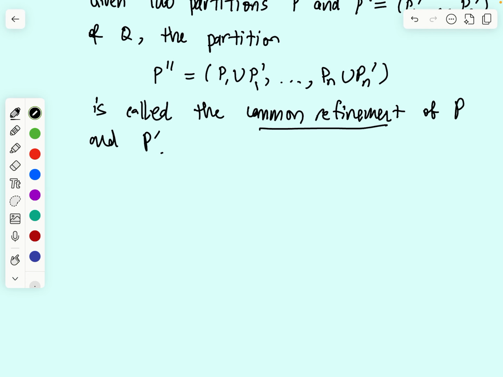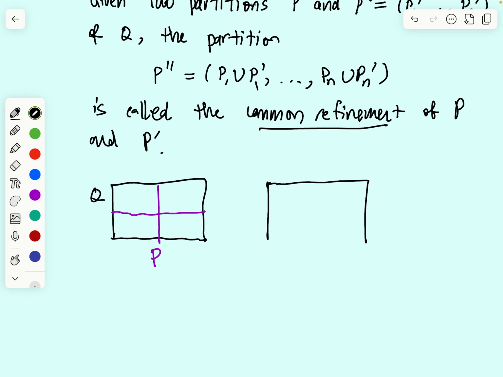So here's a little picture just to illustrate what's going on. Let's say this is our rectangle Q, and you have a partition P like this. And here is Q again, and your partition P prime is like this.